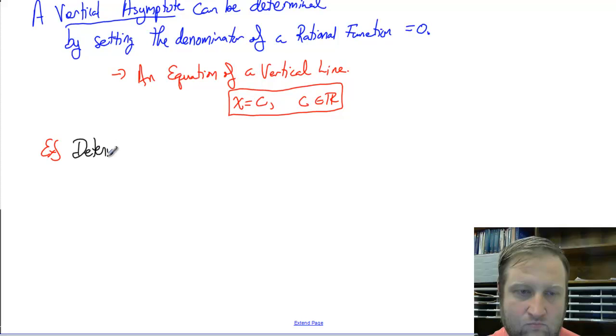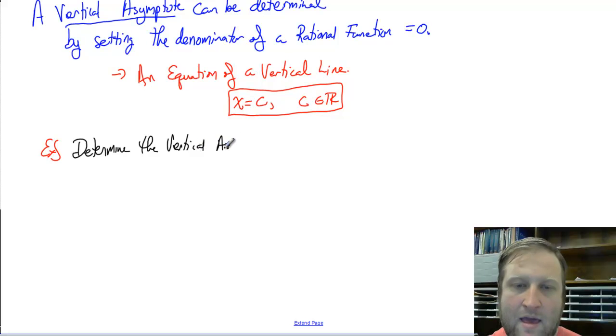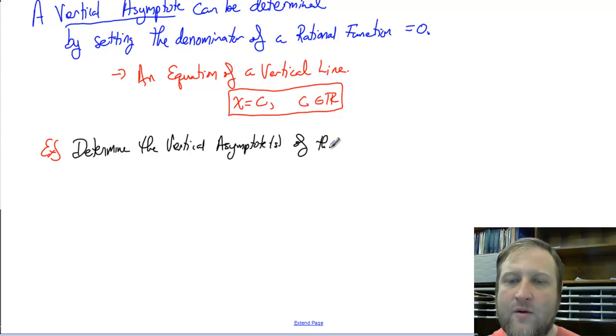Determine the vertical asymptotes of the following functions.